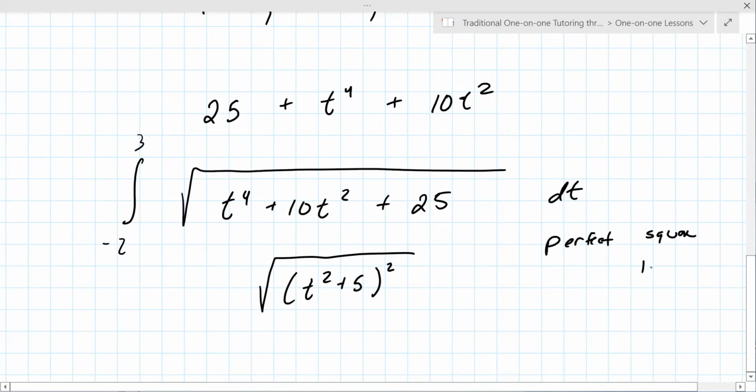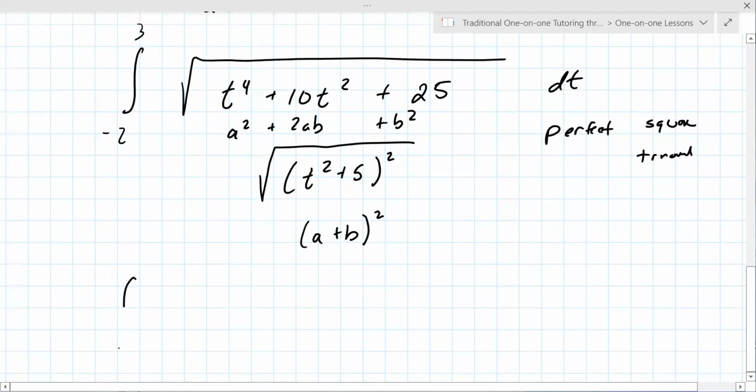It's a squared plus 2ab plus b squared, and that always resolves to (a plus b) squared. And in this case, your a is t squared because it's to the power of 4.